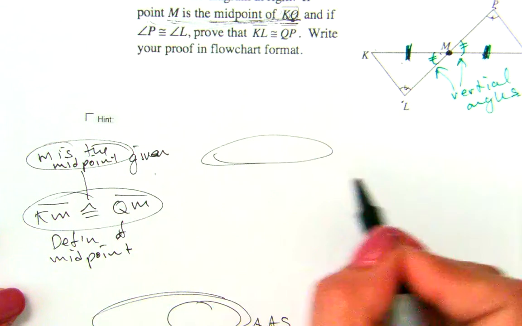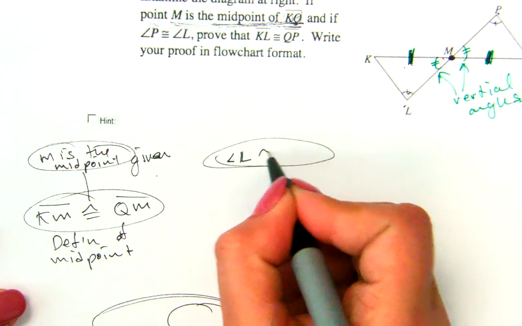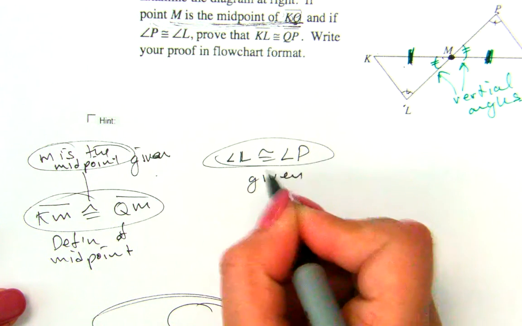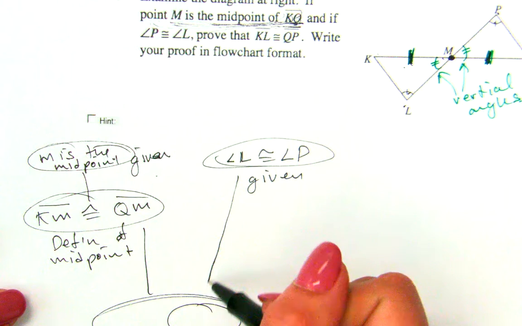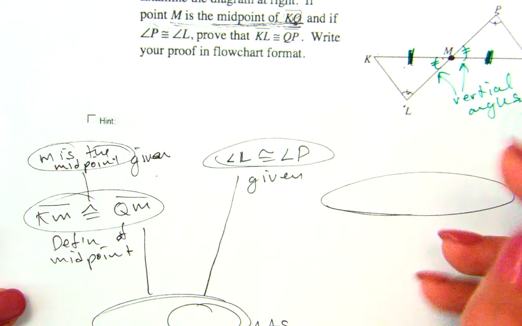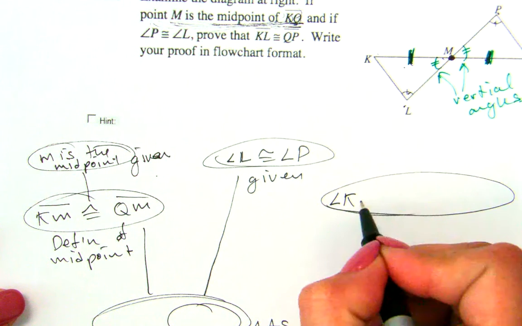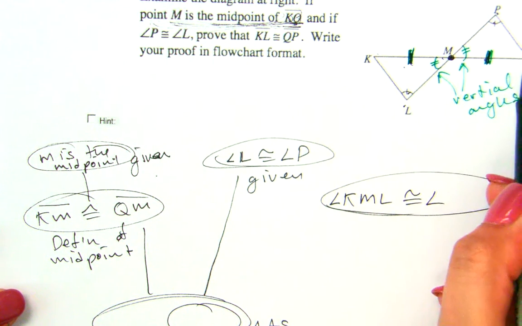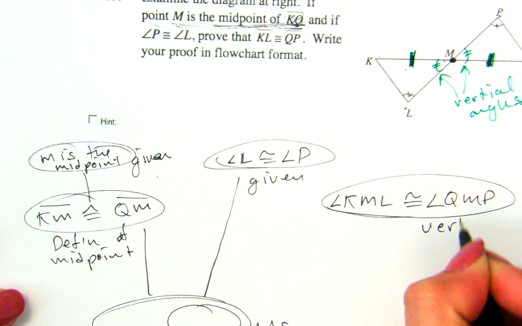And what do we have? We have L and P. Angle L is congruent to angle P. This is a given in the problem. There's nothing else after that. That's pretty much standard. And then lastly, we have these two. So angle KML is congruent to angle QMP, vertical angles.